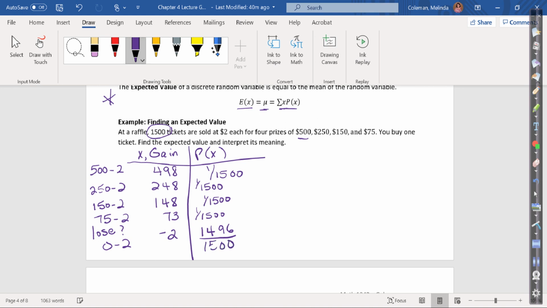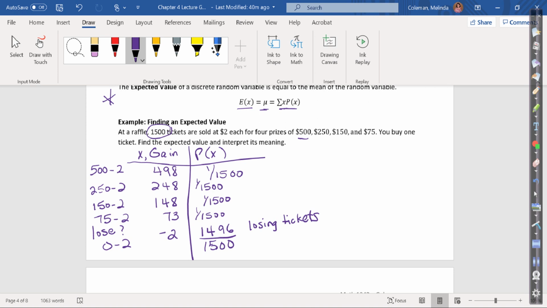So your probability of losing is 1,496 losing tickets divided by the 1,500. And again, this should make some sense to you because your chance of winning is so small, most of the time you're going to lose.